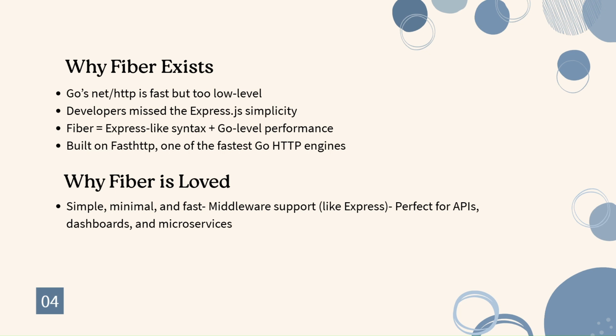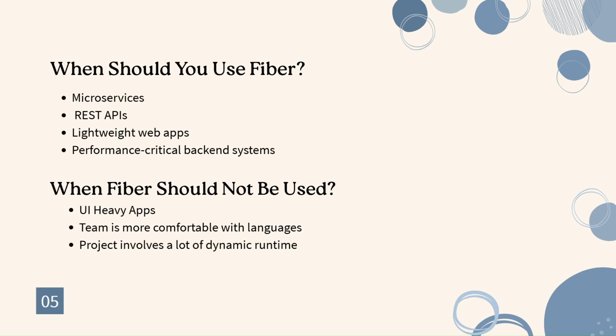So now that we have understood the reason behind Go and Fiber's existence, let's discuss where this combination shines the most. If your app requires many microservices to be up and running, think of apps like Uber or Netflix, where each part, like user authentication, payments, and notifications, runs as a separate service, Fiber helps those services stay lightweight and super fast.